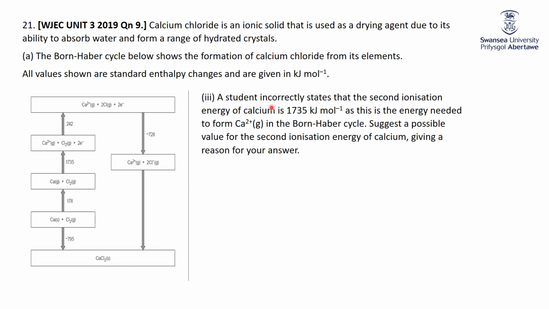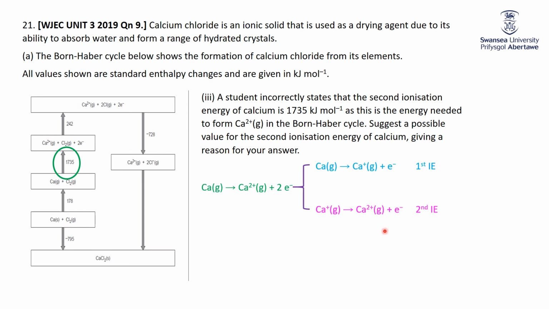And finally, a student incorrectly states the second ionization of calcium is 1735, as this is the energy needed to make Ca2+. So indeed, this here goes from Ca to Ca2+. Trouble is, though, that's actually two ionization energies. The first one is when you strip off one electron, and the second one is where you take just the second electron. So in other words, the second ionization energy isn't 1735, it's the first plus the second that is 1735.